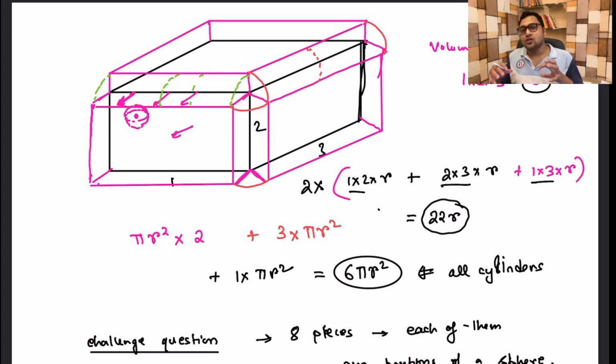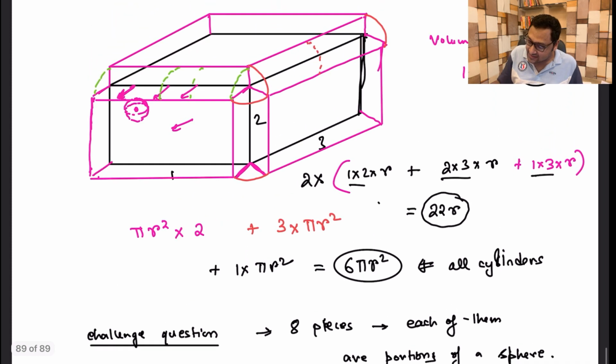Okay. What is the total volume of these 8 pieces put together? That's my question. That will now give you the entire volume of the packaging and the prism, right?